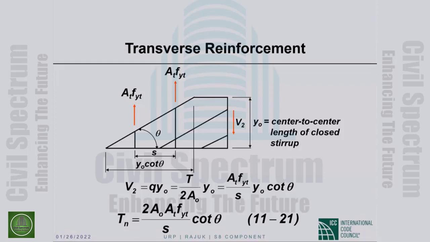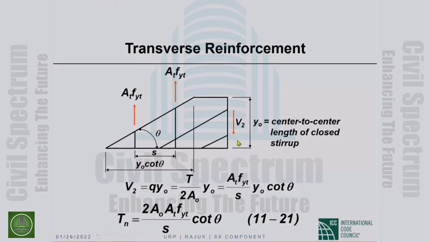So the number of closed ties that are crossed by a crack is Y0 cotangent theta divided by the spacing s. So the number of closed ties crossed by a diagonal crack would be Y0 cotangent theta divided by the spacing.